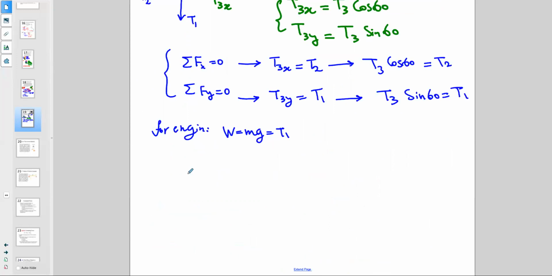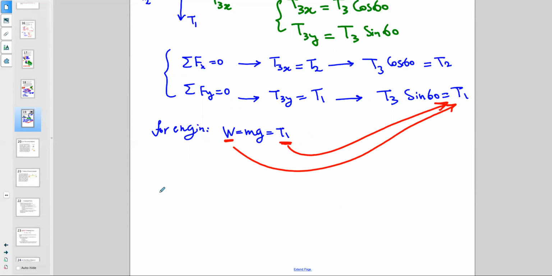So whenever I see T1, I can just substitute W. So I can use this W and write it right there. In other words, I can write T3 sine of 60 being W, and therefore T3 is W over sine of 60.